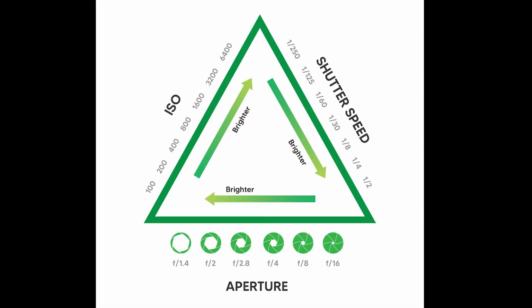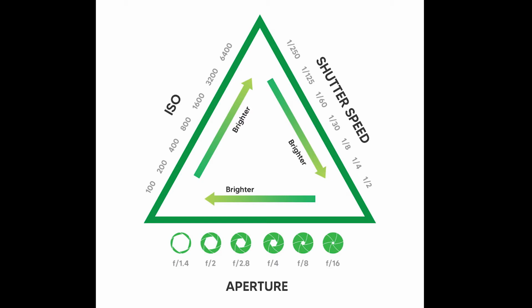The bigger numbers are small in opening, and the smaller numbers are how big the aperture has opened. The full stops operate like they operate on the shutter speed. So a lens that is set at 4 emits half as much light as 2.8, but twice as much light as an aperture of 5.6.